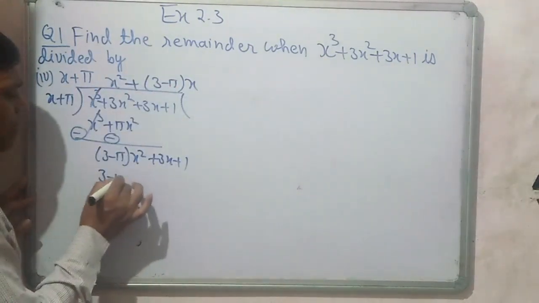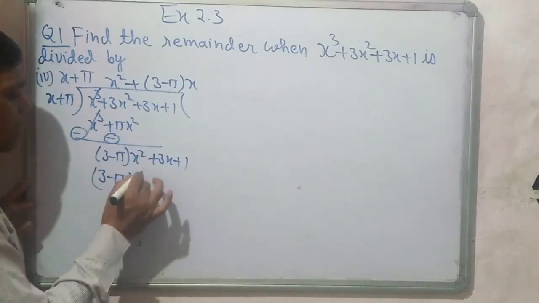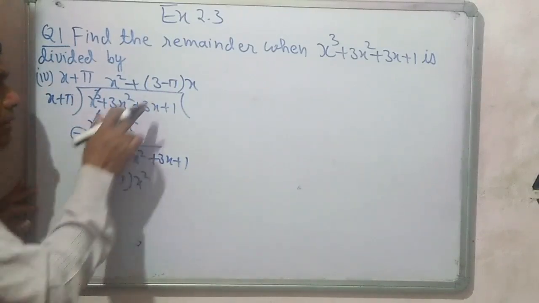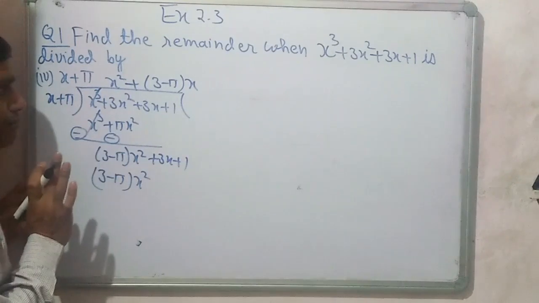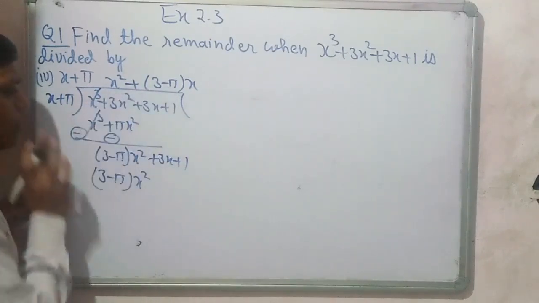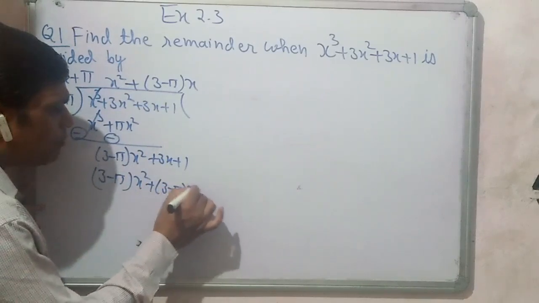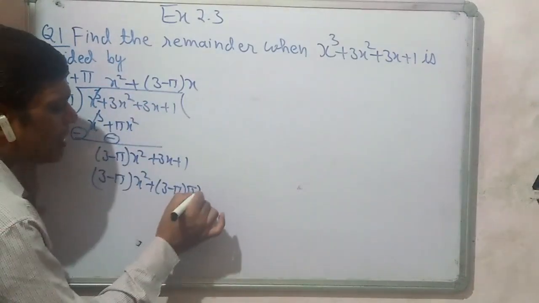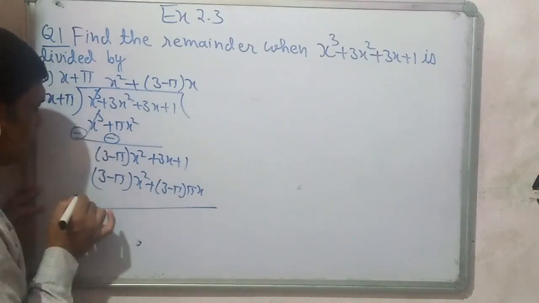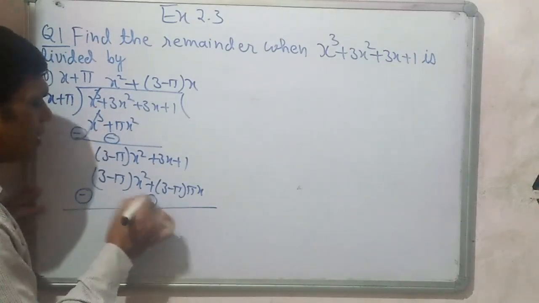We get 3 minus pi into x square. Now 3 minus pi into pi. 3 minus pi into pi. We get 3 minus pi into pi multiplied with this x. Change the signs.